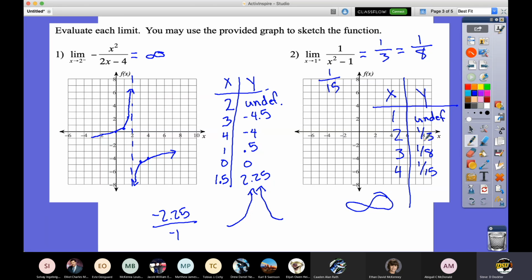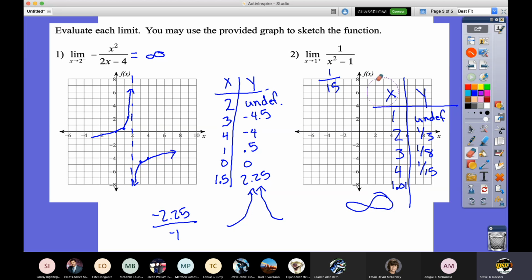Now, it seems kind of weird that all of these are less than 1, and we're saying that this answer is going to get all the way to positive infinity. Well, if you use your calculator really quick and you type in 1.01 for x, Jacob's going to do this for me since he's with me here.